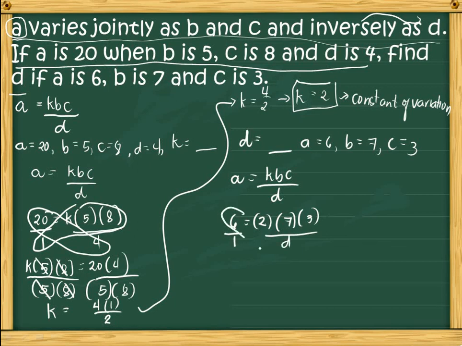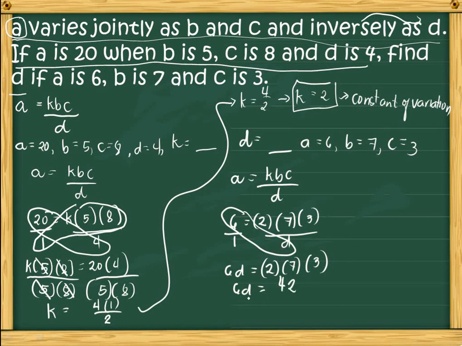Then the denominator of a whole number is 1. Then apply cross multiplication. So we have here 6D is equal to 2 times 7 times 3. So our goal is to find the value of D. So let's simplify this. 6D is equal to 2 times 7 is 14. 14 times 3 is 42.